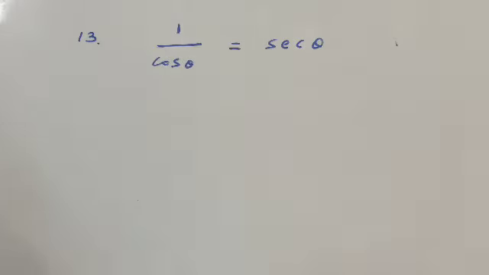So from these 13 identities, you can easily solve all the problems in exercise 8.4, mainly question number 5.